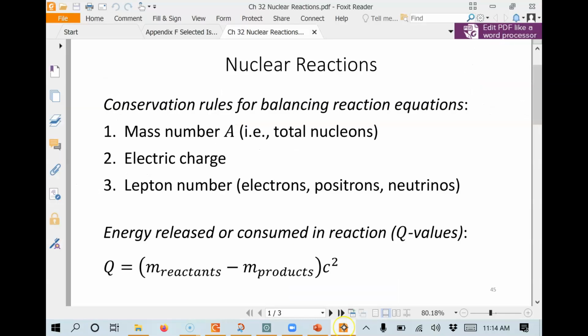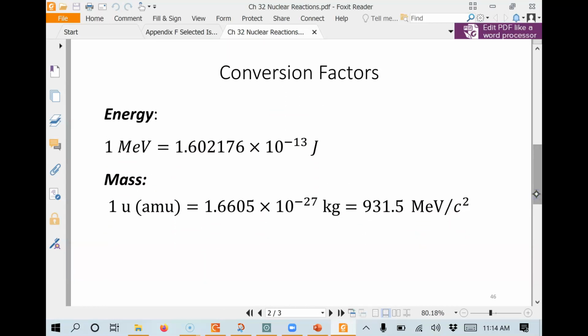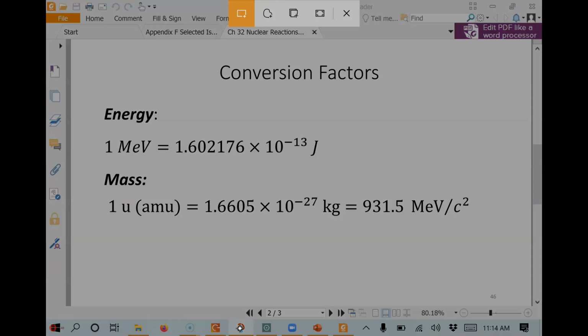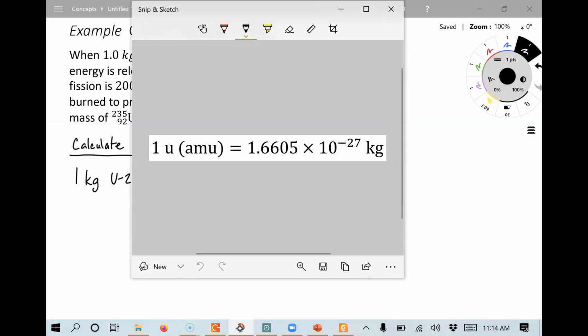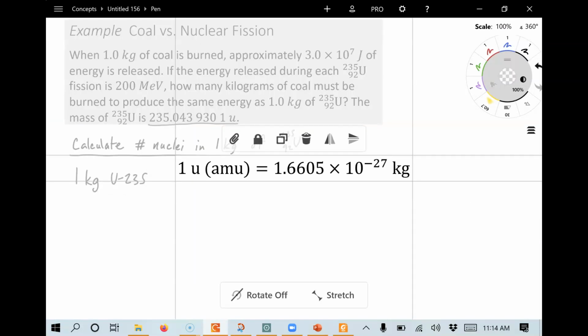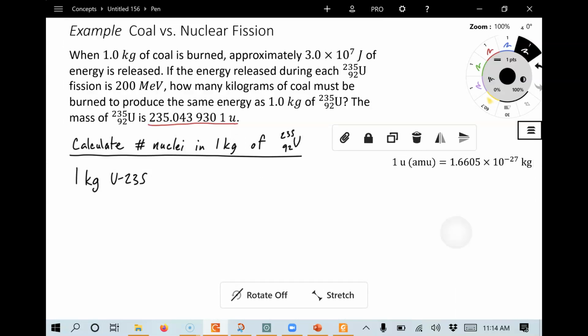So this sheet here that I have for nuclear reactions gives you some brief notes about nuclear reactions. If you go to the next page, it gives some useful conversion factors, and in particular, here is one that we can use here. This is a conversion from U to kilograms. We can use this conversion to do this step.